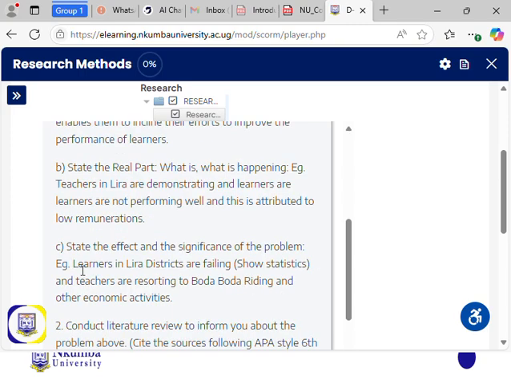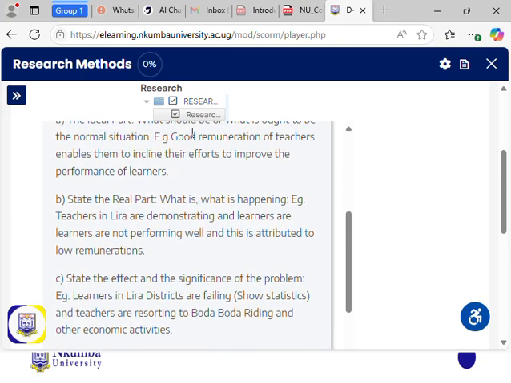For example, when you state this condition and say good remuneration of teachers enables them to incline their efforts towards improving performance of learners, in research, in basic research, you don't state it and leave it there. Give us who has said that. That's called citing sources of literature.